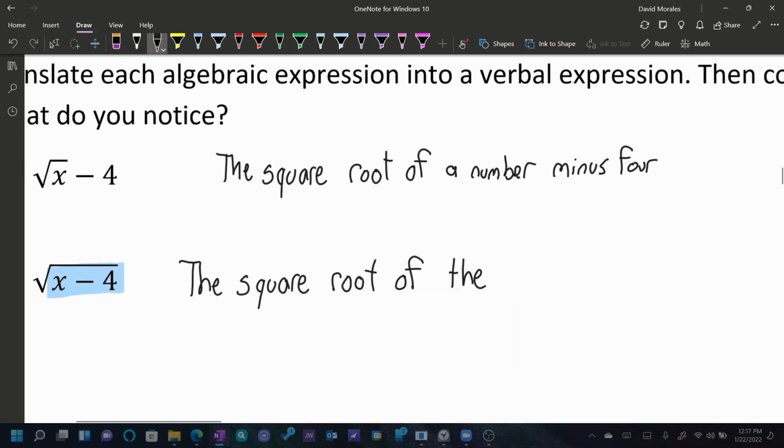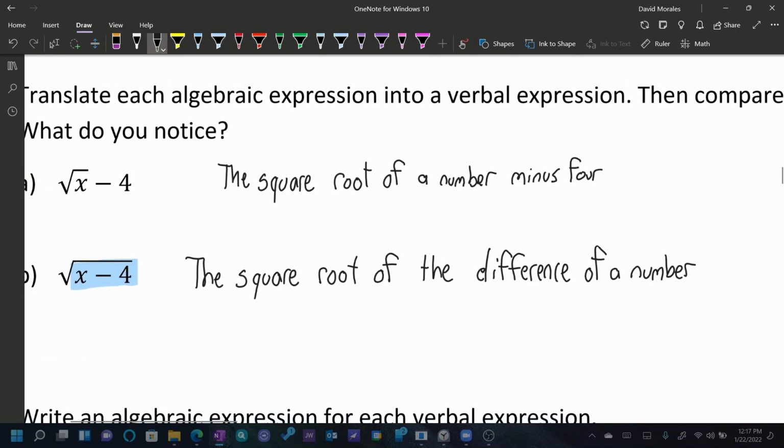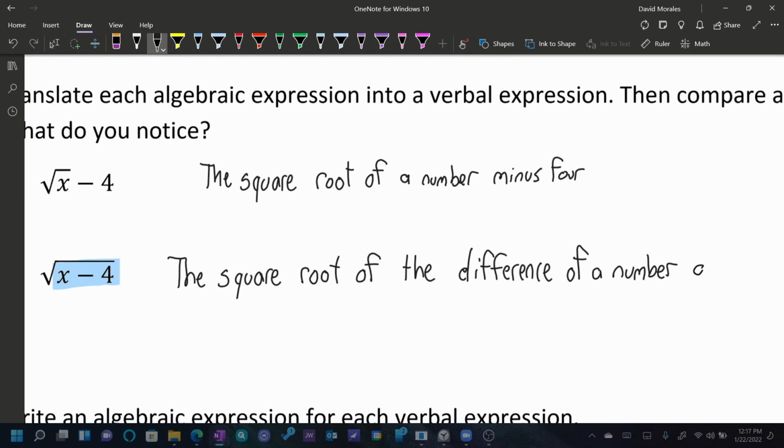I'm gonna initiate my second group. And who are the participants of this group? A number and 4.